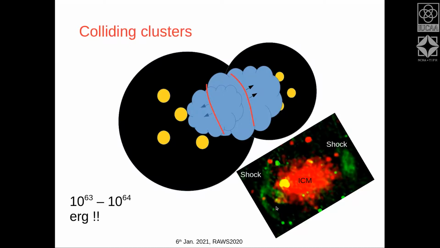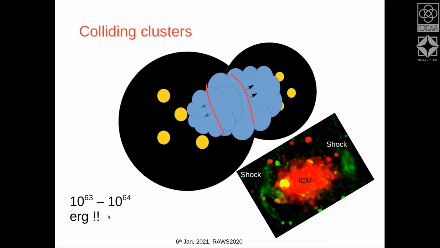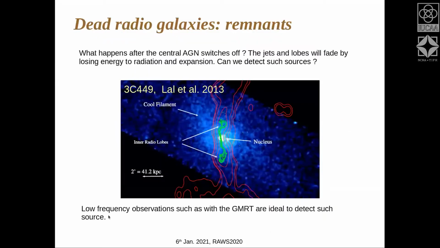And just to mention, these are the most energetic collisions you can imagine in the universe, and the gravitational potential energy dissipated in these phenomena is of the order of 10^63 to 10^64 ergs.